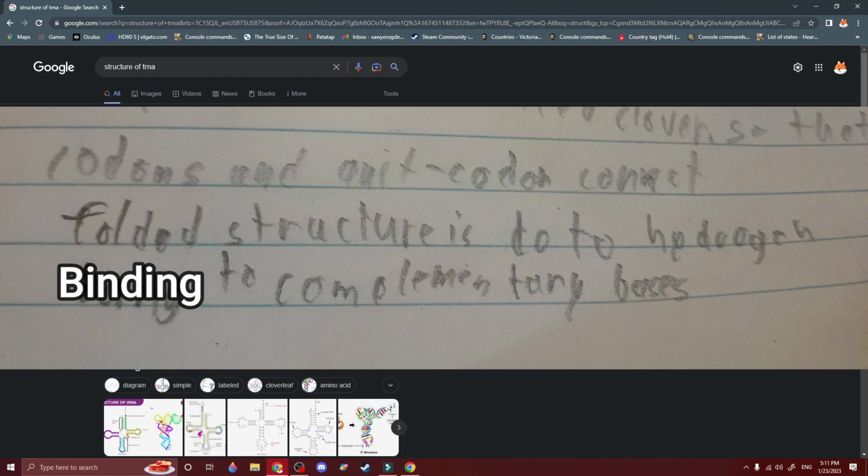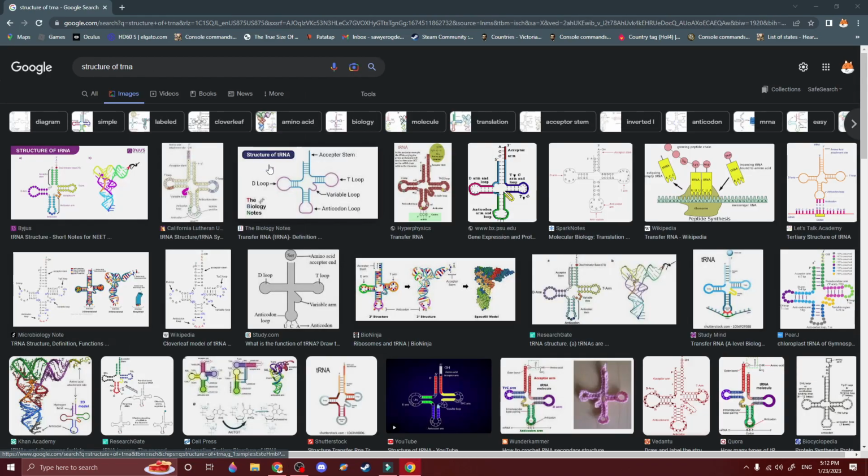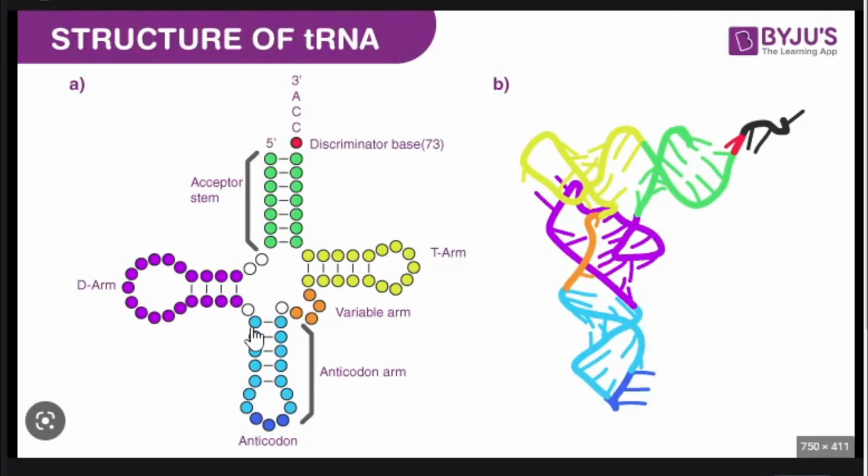The folded structure also happens because of hydrogen bonds connecting to some complementary bases. So it looks something like this. The anticodons go here. I'm going to explain that soon. This is like when you hear people say that it has an L shape, this is what they mean.